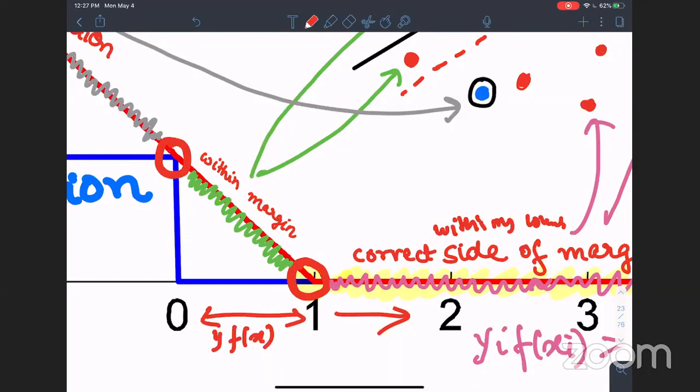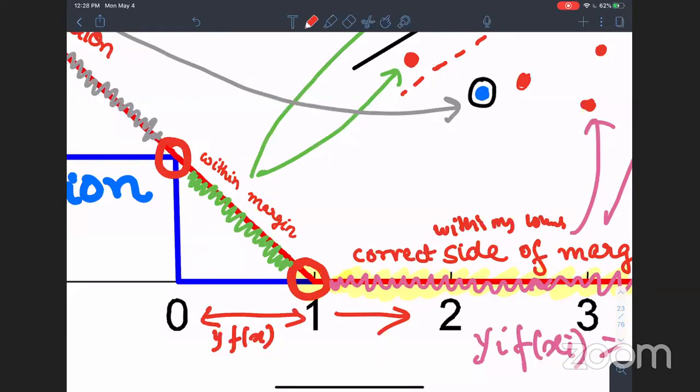If yi/fxi is still positive, but its magnitude is now less than 1, that means you are on the correct side of the decision plane, but you have ventured into no man's land. So you will start to get penalized, because I was hoping that nobody should dare move into that space. So I'm going to penalize and let the model minimize this loss.